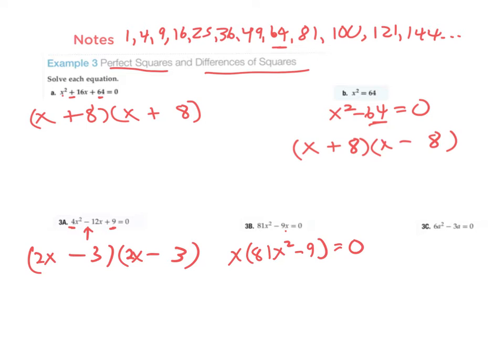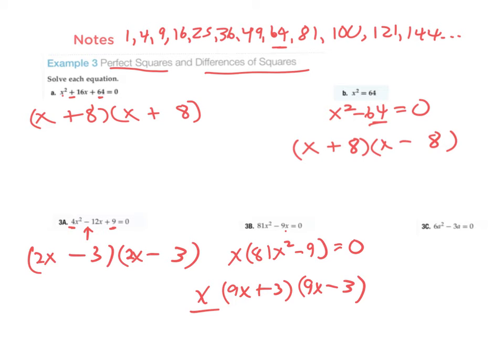And then we can factor just what's in the parentheses, which is a perfect square. So I still have my x, but I'm going to go 2 factors. I'm going to split the 81 and the x, so it's 9x, and split the 9, which is 3 and 3. And because it's a difference, I have a plus and a minus. So I have my factor with the x included after I do my greatest common factor. So sometimes you have to do that before you can do the difference of squares or the perfect squares.